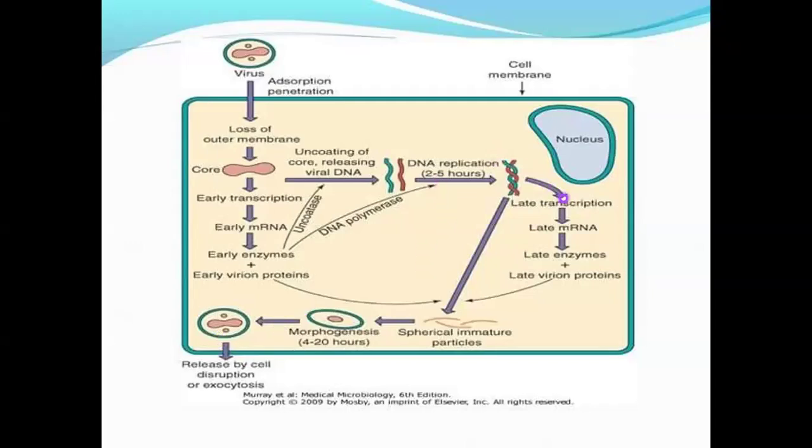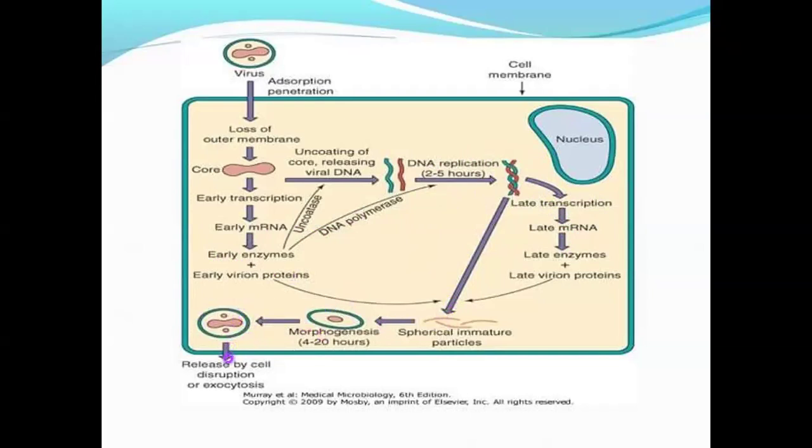In this process, there are a lot of biochemical reactions happening here. Late gene transcription, then late mRNA, late enzymes. The process is still the same. To summarize, just remember DNA will be converted to mRNA, and mRNA will be converted to protein. Then they're going to join together, leading to formation of the new virus.